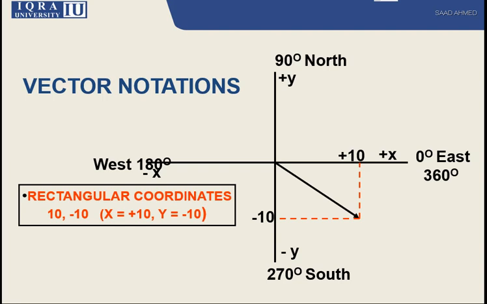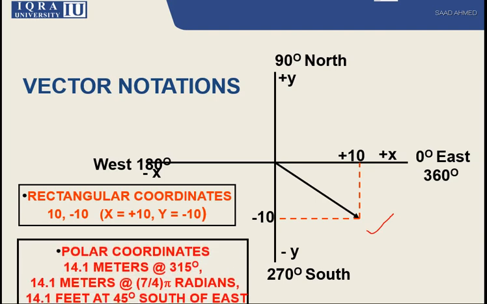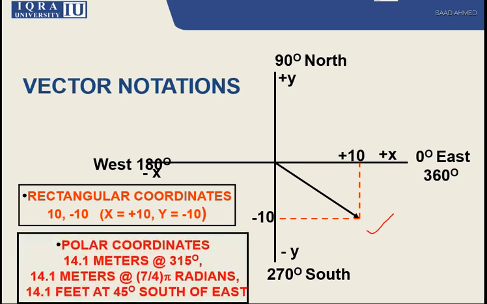Rectangular coordinates: the dotted lines shown in red here are the rectangular coordinates. Polar coordinates: 14.1 meters at 315 degrees, 14.1 meters at 7 by 4 pi radians, or 14.1 meters at 45 degrees south of east. These are the same vector which we are describing in different ways.